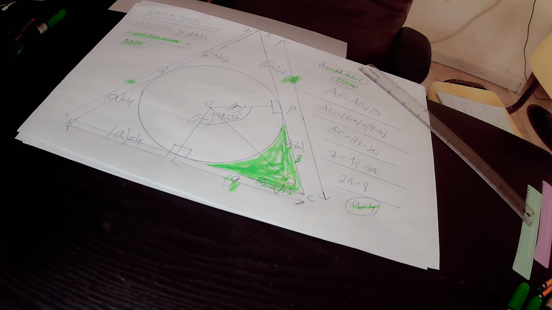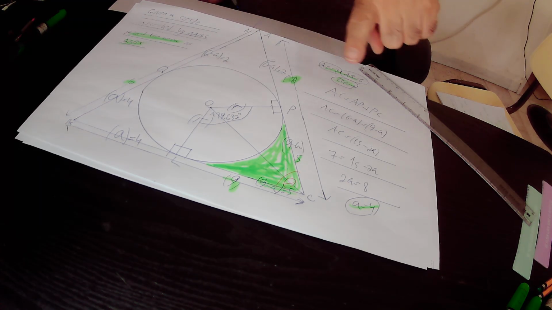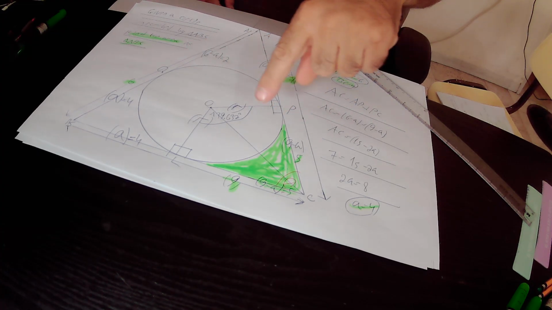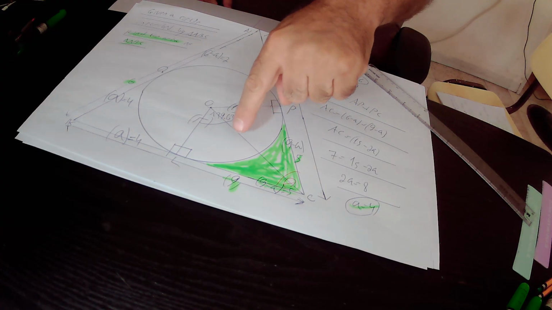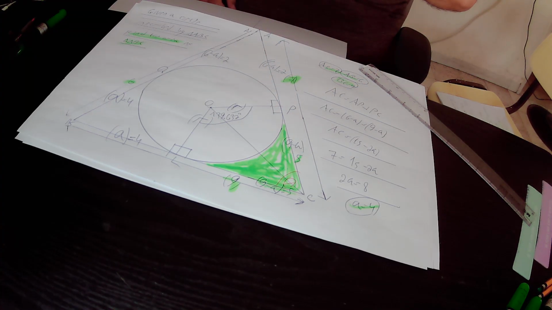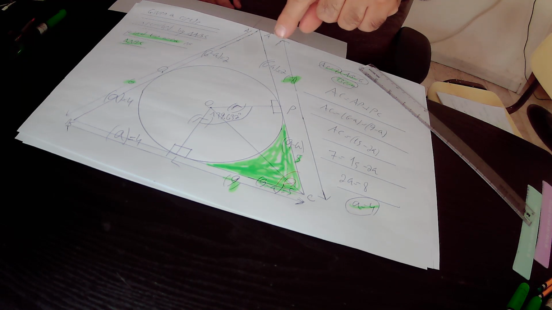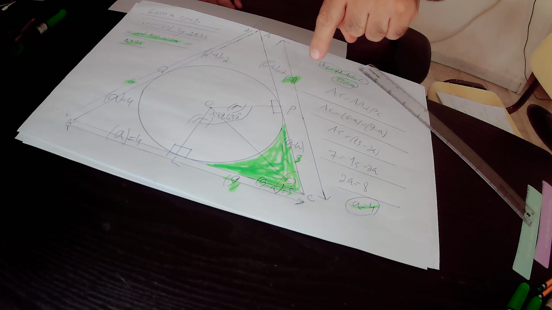This is point O. By joining points O and C, we divided quadrangle POLC into two parts. This is the first part, this is the second part. It is very clear that the area of quadrangle POLC must be equal to the sum of the areas of the two shapes that it consists of.